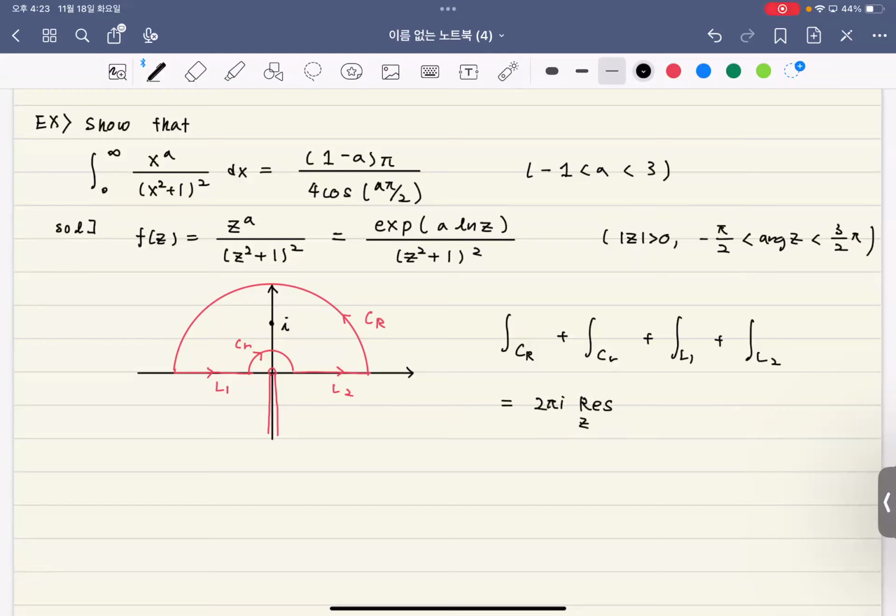When my point is on this semicircle, this is ln R plus i times theta. But this imaginary part has no effect in the computation of the modulus. So I feel like this is R to the a.